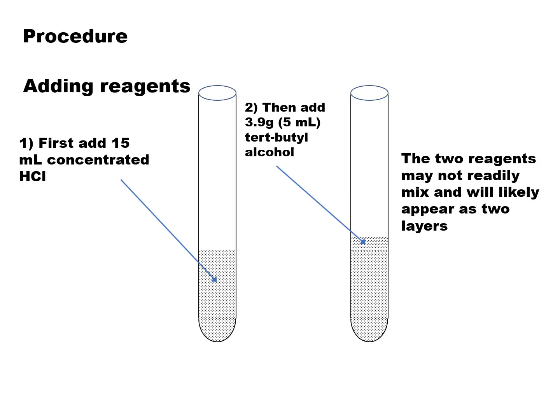So the actual procedure for the experiment starts by adding 50 milliliters of concentrated hydrochloric acid, and then you add 3.9 grams, or about 5 milliliters, of tert-butyl alcohol. If you have to, prepare this solution in that amount.